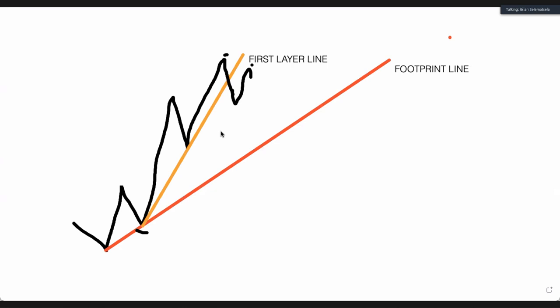Because I find a lot of people asking questions, saying, okay, I've implemented the footprint very well. I drew the footprint line, I drew the first layer line, the market broke, but I'm not seeing any divergence where the market has the overbought.